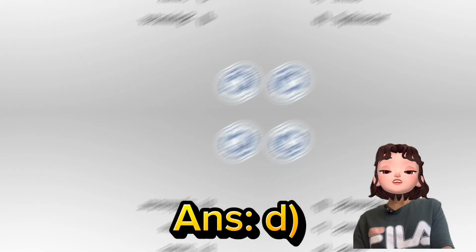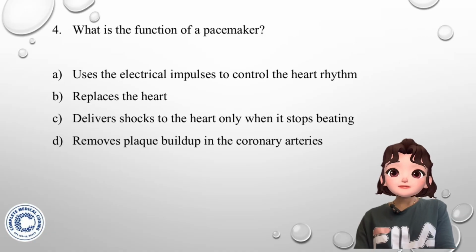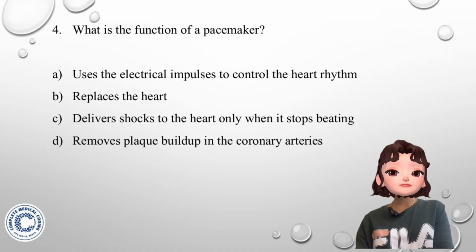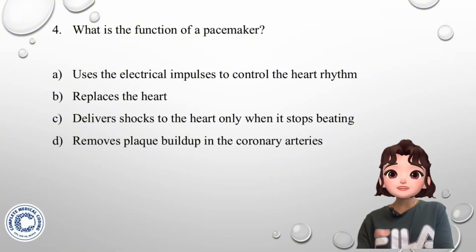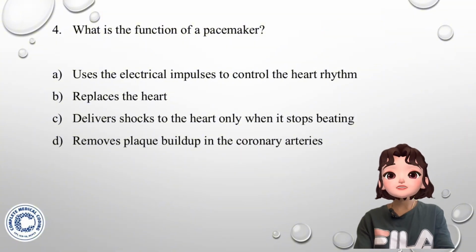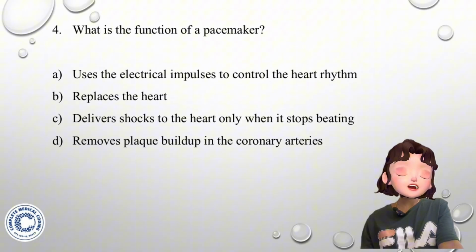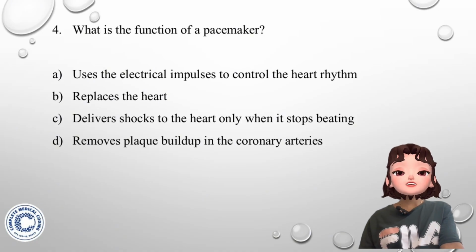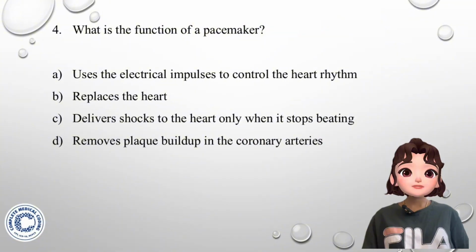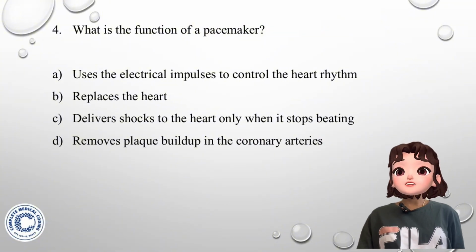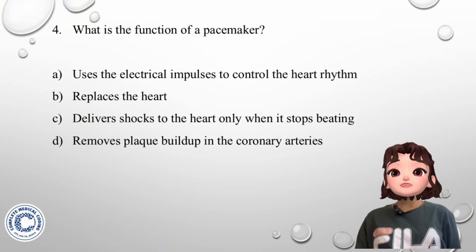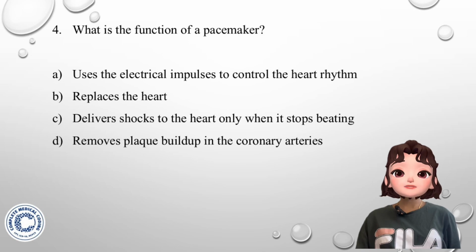Now, fourth question. What is the function of a pacemaker? It's a simple question, but in many CPC examinations this question is asked. Option A, uses electrical impulses to control the heart rhythm.